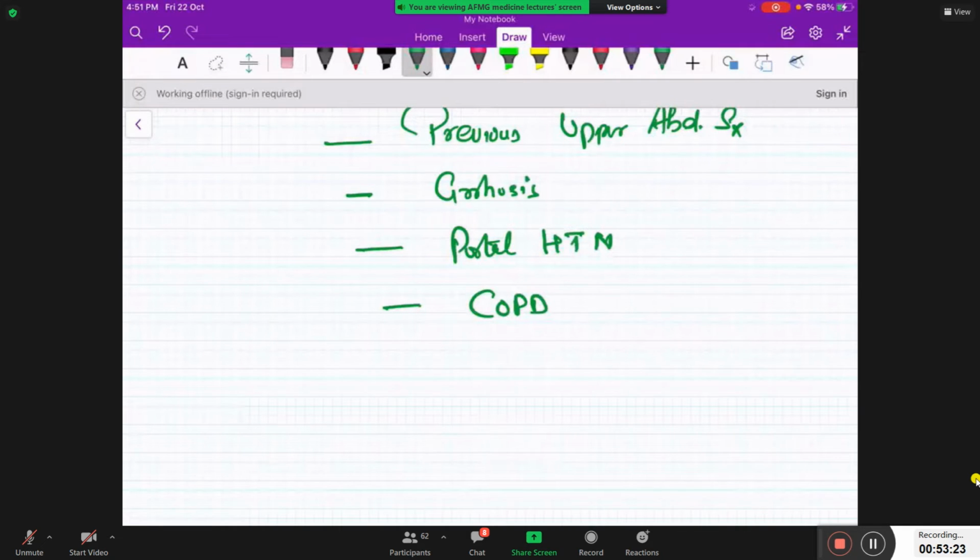most common presentation of a patient of gallstone disease is asymptomatic, right? But if asymptomatic is not there in our choice, then the most common symptom, if they ask, most common symptom is biliary colic.